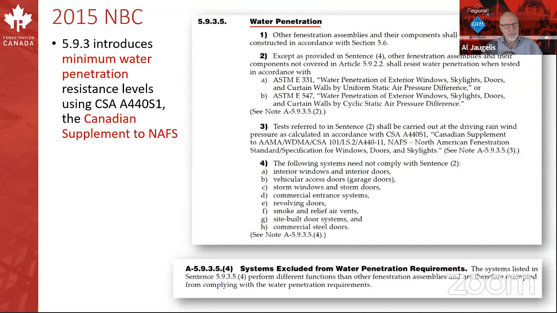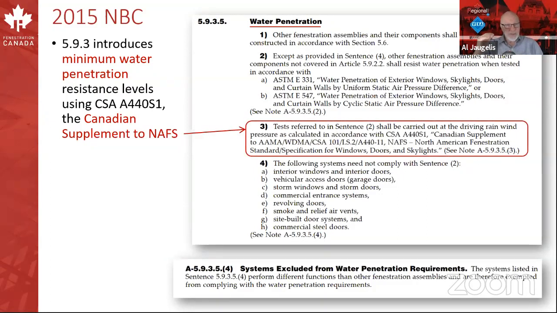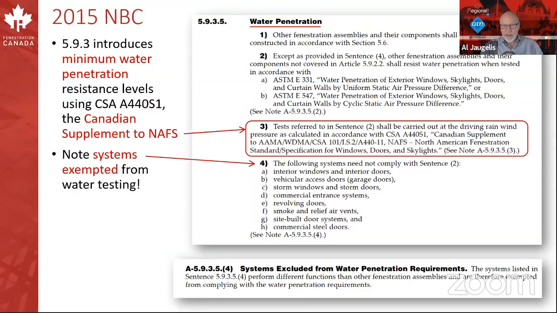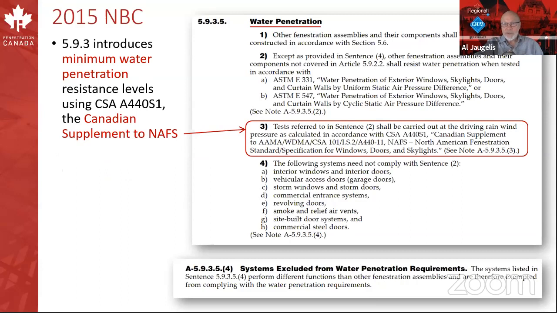Similarly, with water penetration, the code now has a defined level of water penetration resistance using the same thought process as they did with products in the scope of NAFS. Because they are requiring as a minimum water penetration level, these other fenestration products must comply with the driving rain wind pressures calculated in accordance with CSA A440S1, which is the Canadian supplement to NAFS.